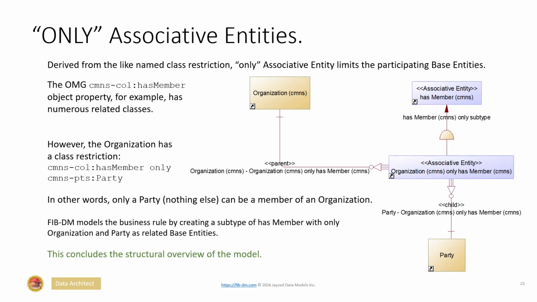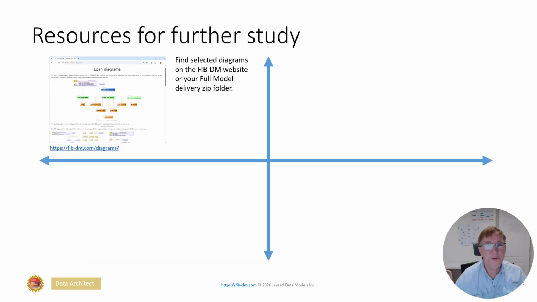And this concludes the structural overview. Yeah, this concludes our FIB-DM deep dive, and here are some resources for your further study. So diagrams of the data model are in your delivery zip folder.